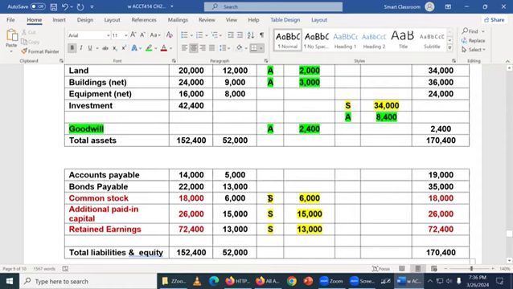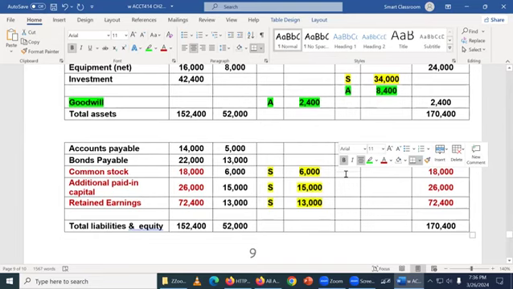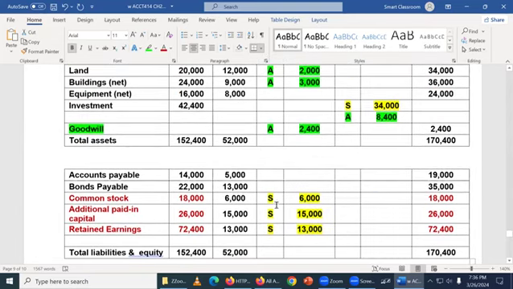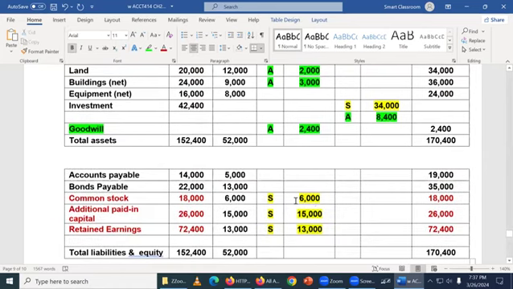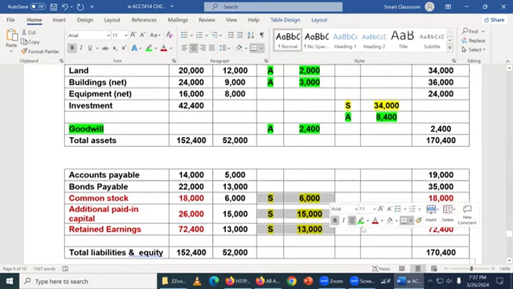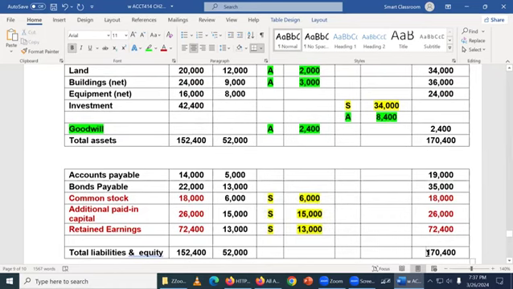Actually, if you add those two together and subtract out the equity from the subsidiary, it should come out to the 170. Does it? Yes. And if you think about it, the only thing that changed down here was we took out the stock. So if these two sides are balancing, if you just take the stock out, it should be the same thing up here. Take the total less the stock. It should be the same.